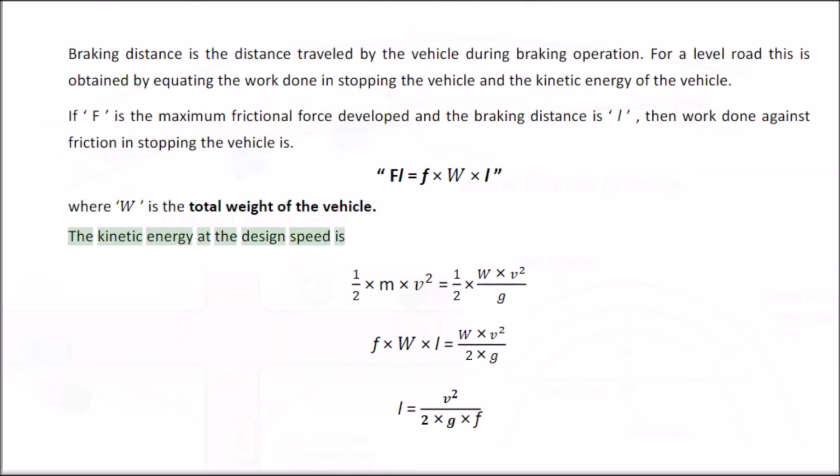The kinetic energy at the design speed is 1/2 times m times v squared, equal to 1/2 times W/g times v squared. So F times L equals W/g times v squared over 2, and L equals v squared over 2 g times f.